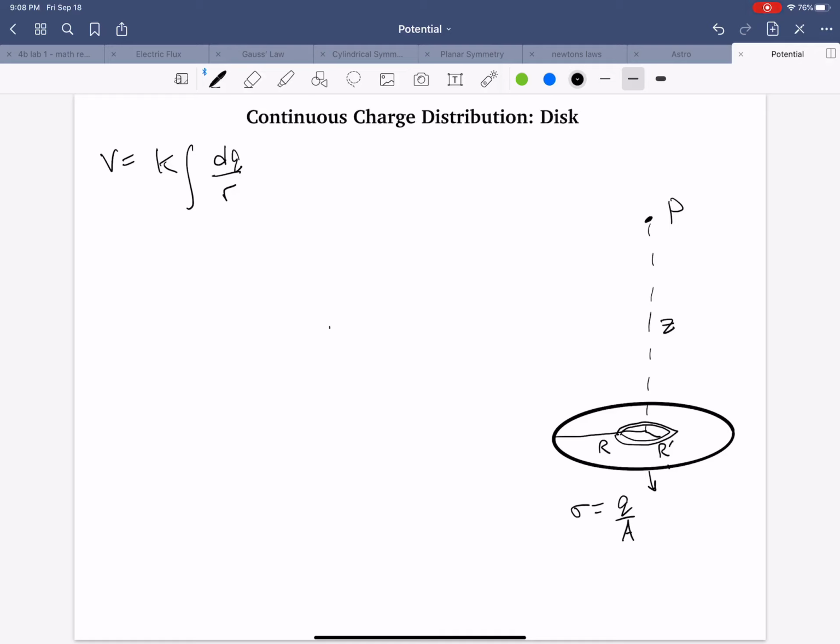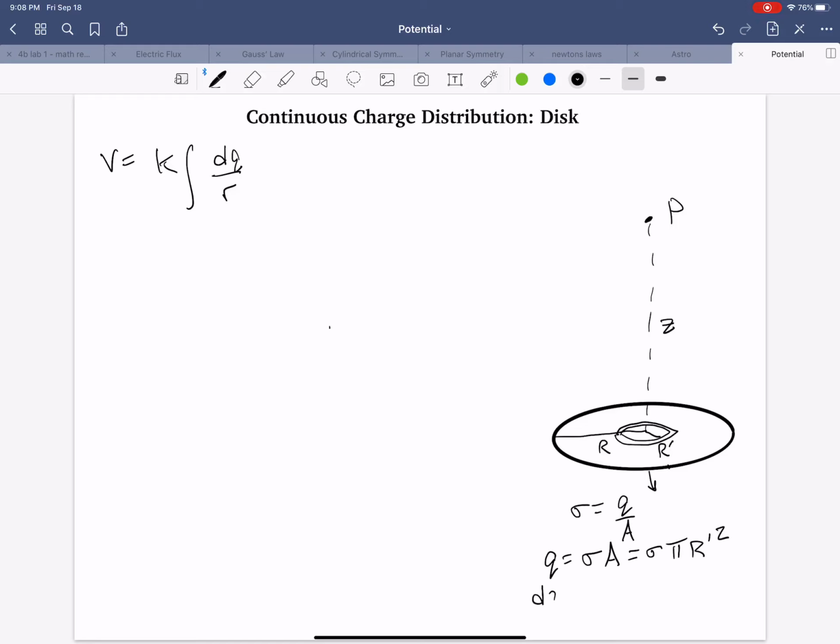We don't have a nice expression for dq straight away. We can put q in terms of our charge density, though. So Q is equal to sigma times A, and the area of this disk is pi r prime squared.